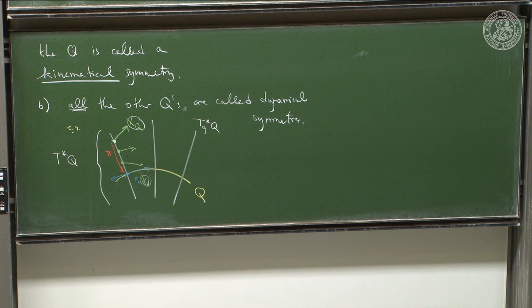So a symmetry it always is, but then the distinction doesn't use the potential. It's a symmetry, it needs to push the right way, okay, fine, but that has nothing to do with this potential. And this only refers to the kinetic part here. And therefore we call it a kinematical symmetry because it only refers to the kinetic part.